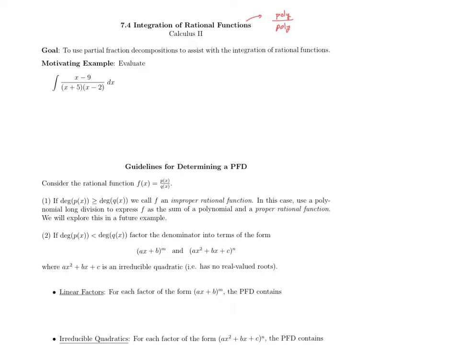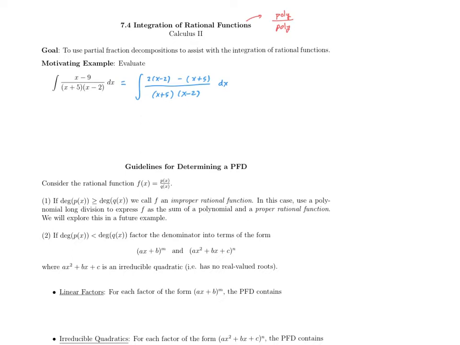What I want to note, and it's not obvious at all, is that we can rewrite the quantity in the top, x - 9, as 2 times (x - 2) minus the quantity (x + 5). We'll see where I'm going with this in a moment, but you could double check the algebra. Once we've rewritten it, we can break this up into two separate fractions over this negative sign in the numerator.